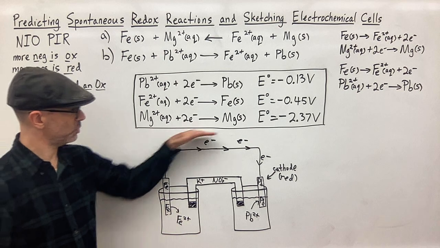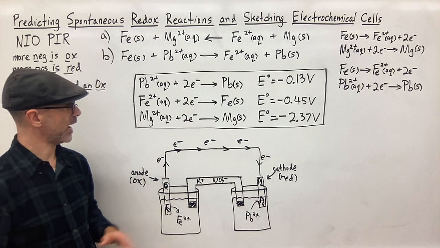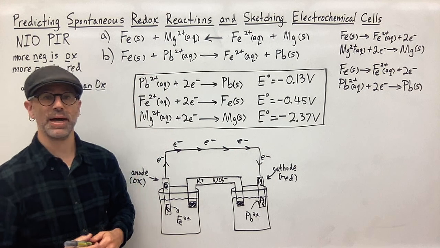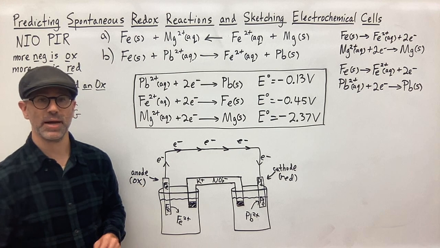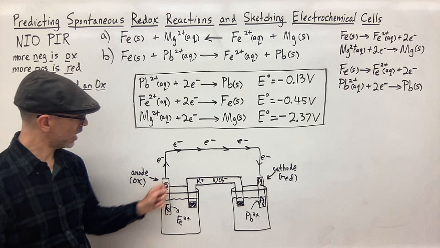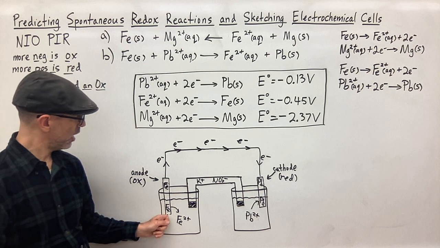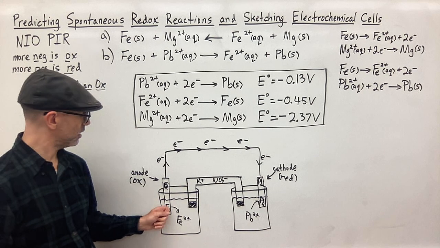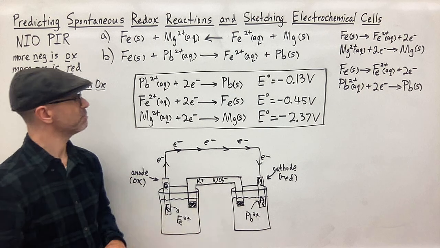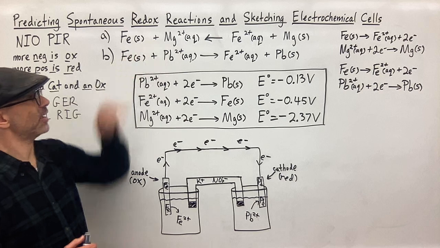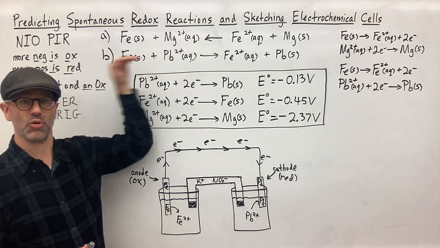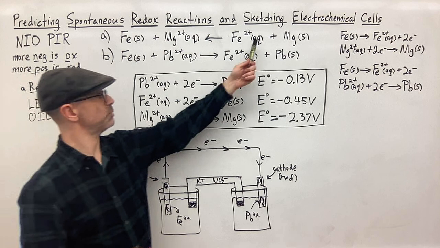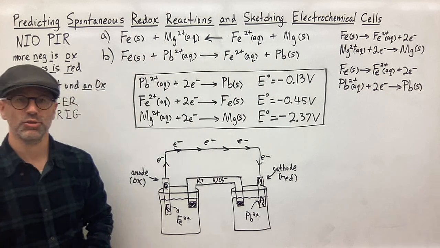And so this would be the spontaneous reaction. So for reaction B, it is written in the spontaneous way. We'd expect this to be spontaneous when we set it up this way. The anode and the cathode would be as it's set up. For A, it's not set up in this way, so this direction as it was would not be spontaneous. It would actually be spontaneous in the reverse direction.